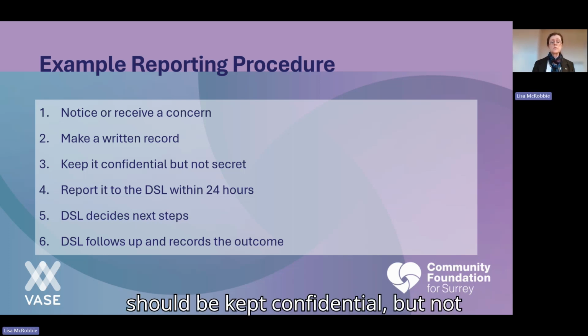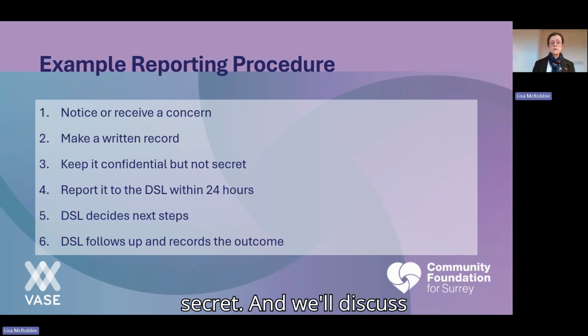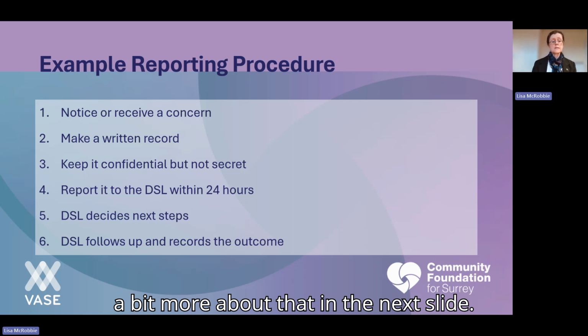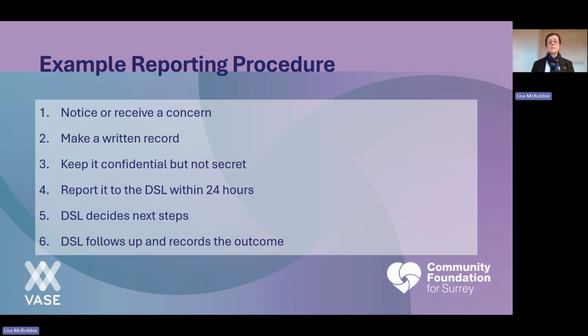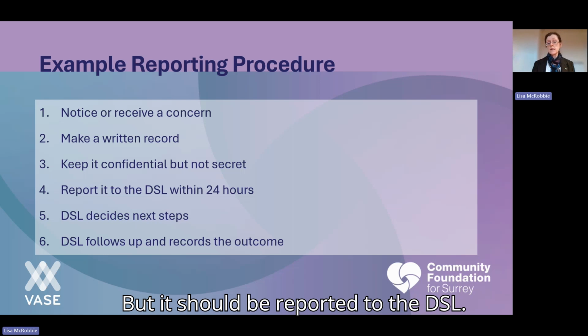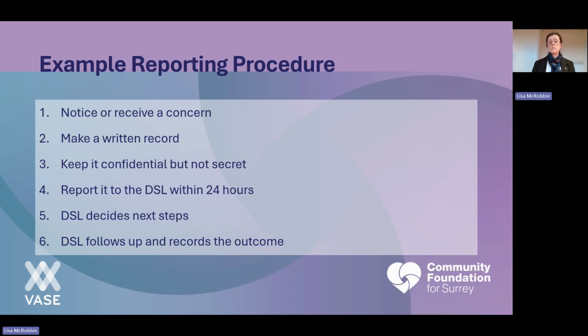It should be kept confidential, but not secret, and we'll discuss a bit more about that in the next slide. But it should be reported to the DSL within 24 hours. If they're not available, contact their deputy or the chair or trustee responsible for safeguarding.